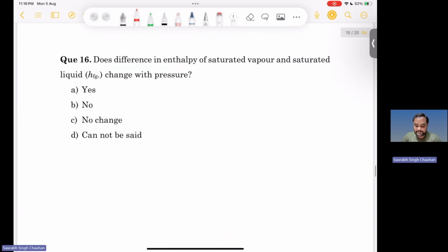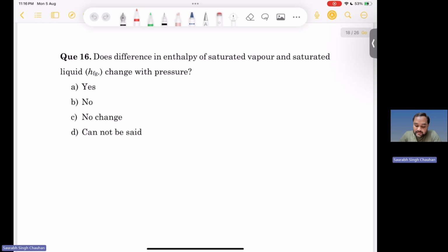Question 16. It says, does the difference in enthalpy of saturated vapor and saturated liquid change with pressure? Answer is yes.